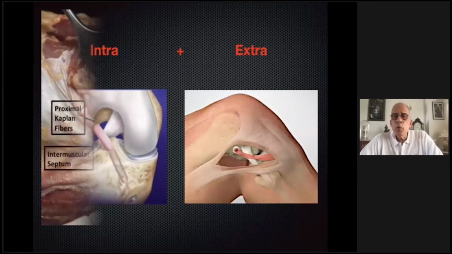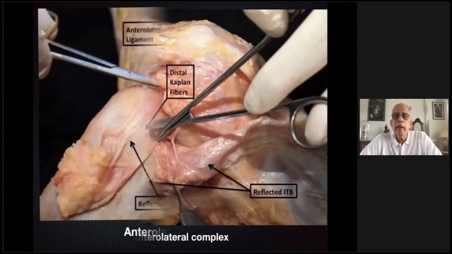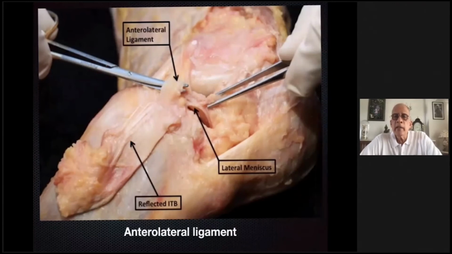There are 2 schools, if you look at the anterolateral side especially. One school which believes firmly that the anterolateral complex with the distal Kaplan fibers plays a major role in stabilization on the anterolateral side. And there is another school which believes that there is a distinct ligament called the anterolateral ligament, and this ligament needs to be reconstructed for restoration of stability in case of an anterolateral rotatory instability of the knee.